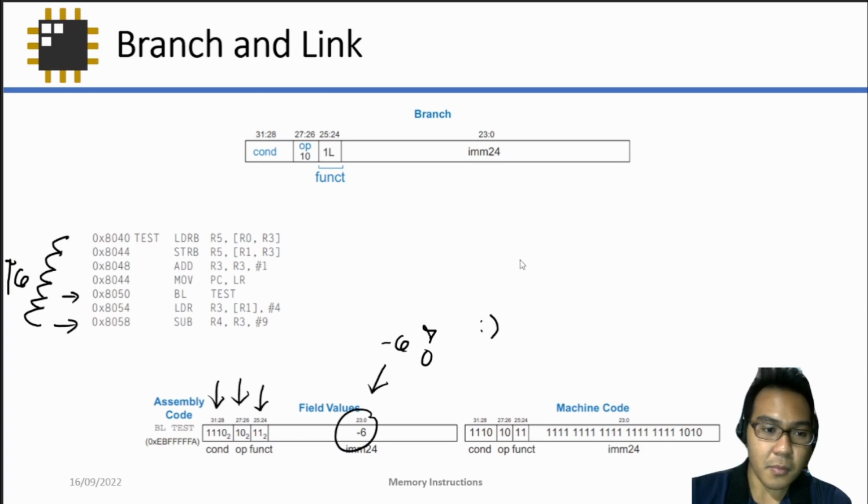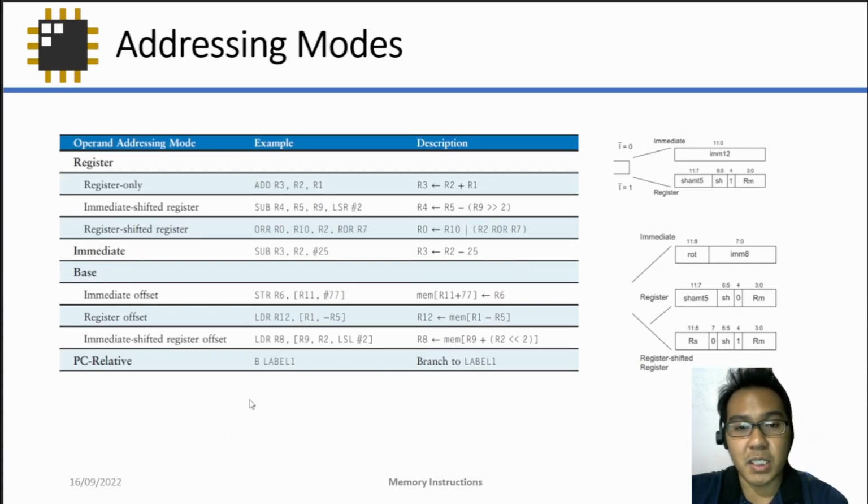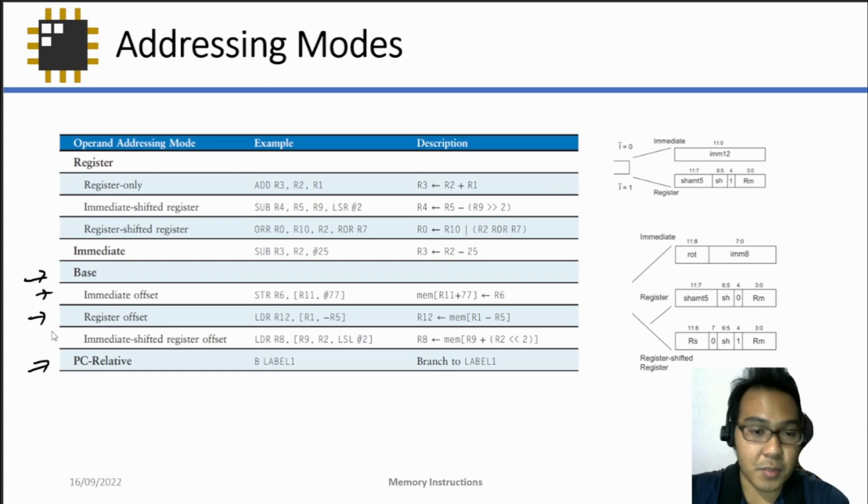Okay, this is the summary of addressing modes that we have. Basically, PC relative is used for branches. Base is used for memories: base plus offset where the offset is an immediate, base plus offset where the offset comes from a register, or where the offset comes from an immediate shifted register.